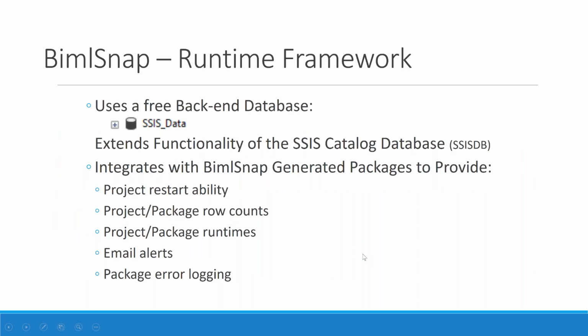Okay, you also get a Runtime Framework. When you build your packages using Biml Snap, you can choose a total of 3 frameworks or templates. One is a no framework template, so it's just very bare bones, doesn't do anything. There's a standard template that gives you all kinds of features, such as project restartability, package row counts, runtimes, email alerts, error logging.